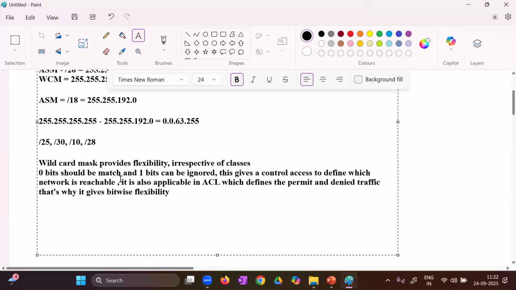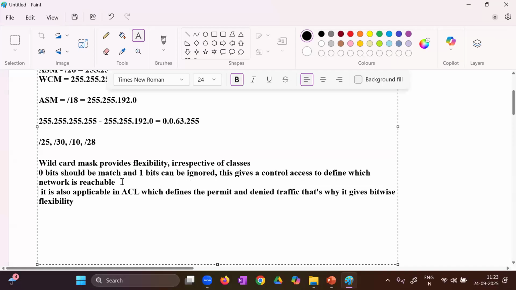Write in a separate line that it is also applicable in the ACL, access control list, which defines the permit and deny traffic based on matching of the host part, and it gives bitwise flexibility.